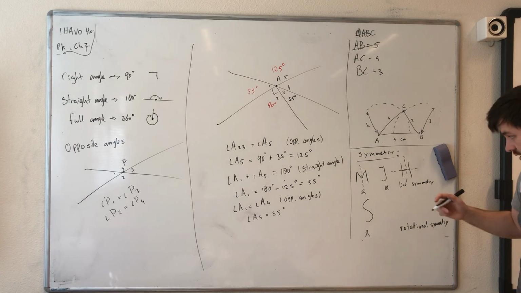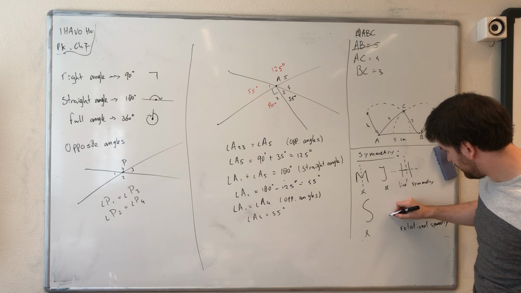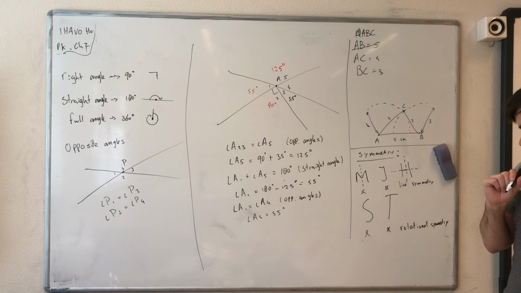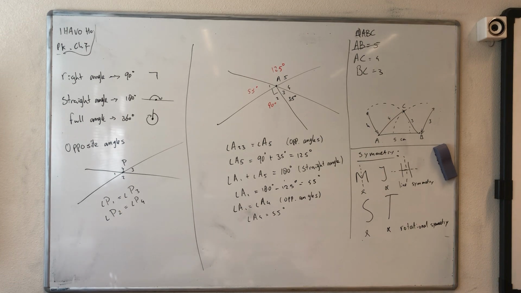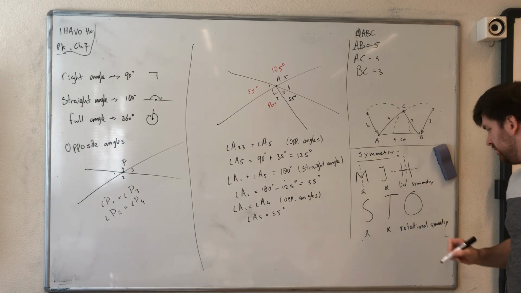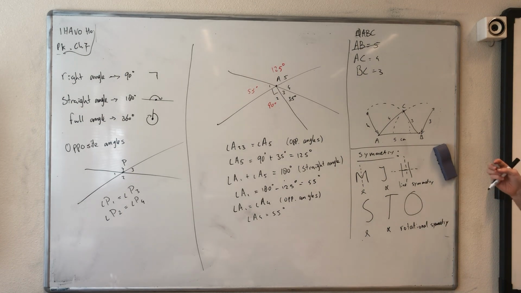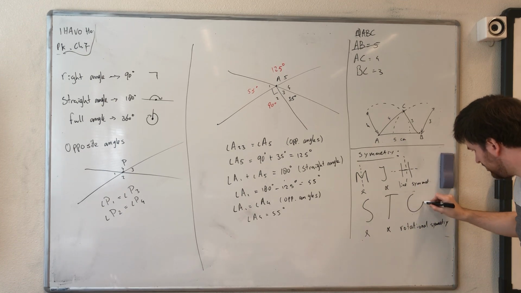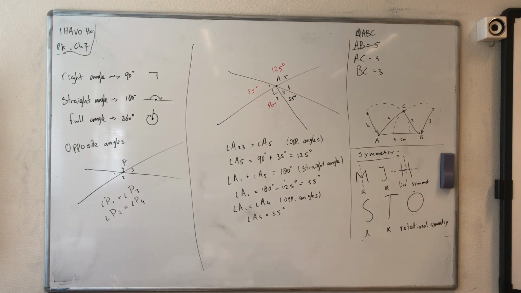A letter which does not have that is, for example, a T. The only way to get that is by turning it all the way around. There's one special letter, Oscar, the O. You can turn it in a lot of ways. If it is a perfect circle, for example, then it has an infinite amount of possibilities.